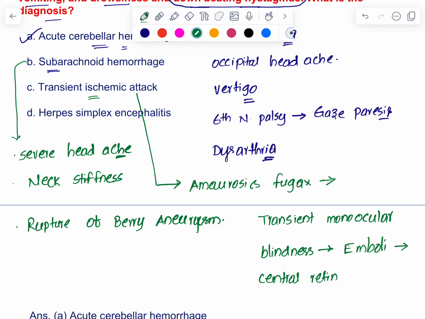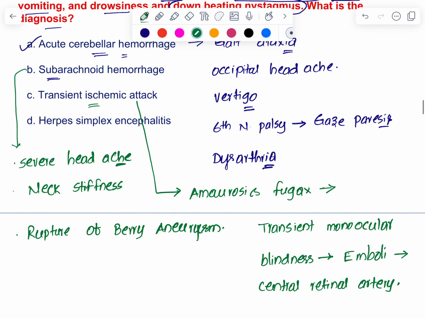So that is your amaurosis fugax. And in these patients with transient ischemic attack, the neurological deficit will try to recover within 24 hours.